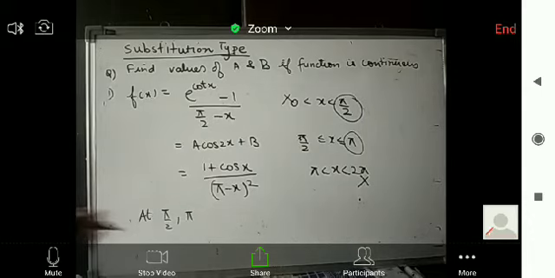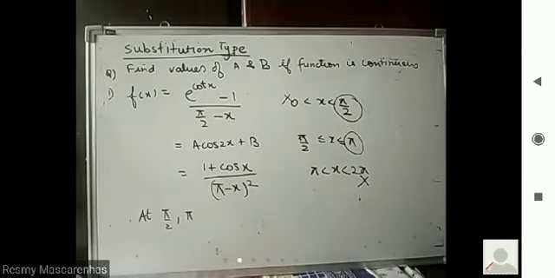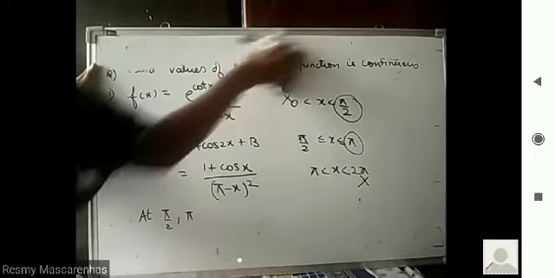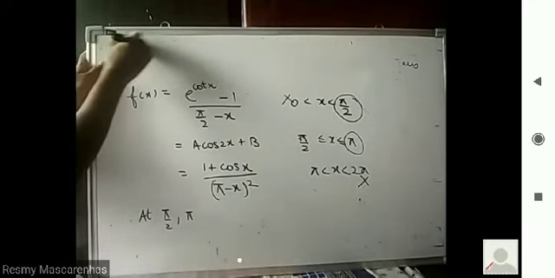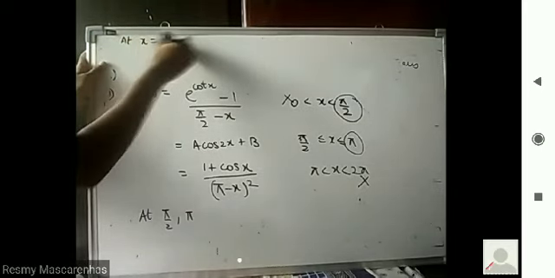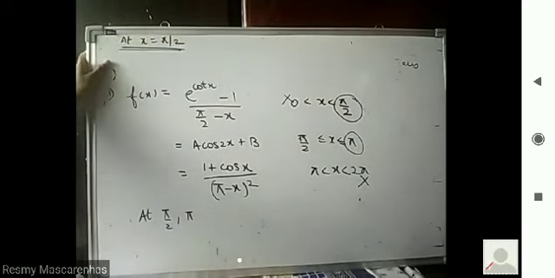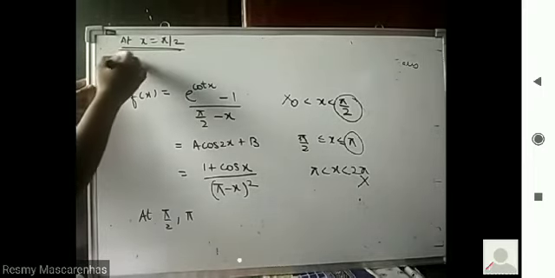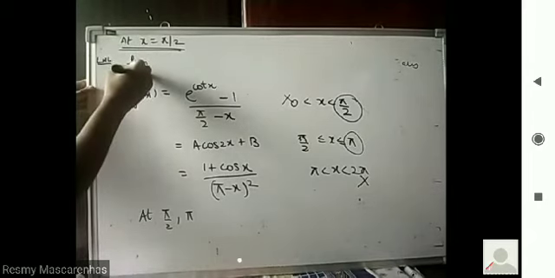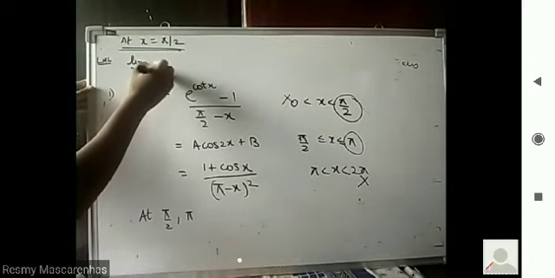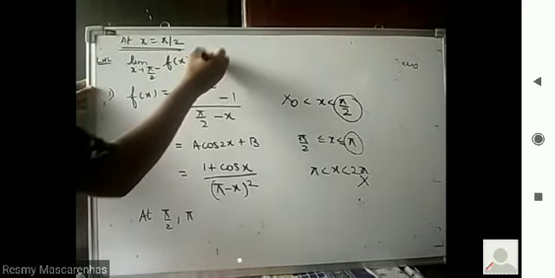So for the first point we'll check at pi by 2. So we are checking at x is equal to pi by 2. So the left hand limit we'll find. Limit x tending to pi by 2 minus f of x.